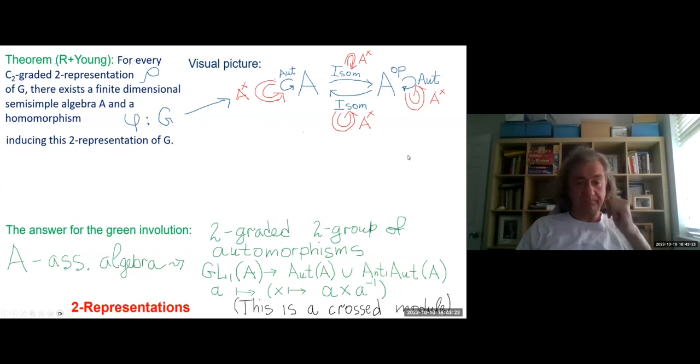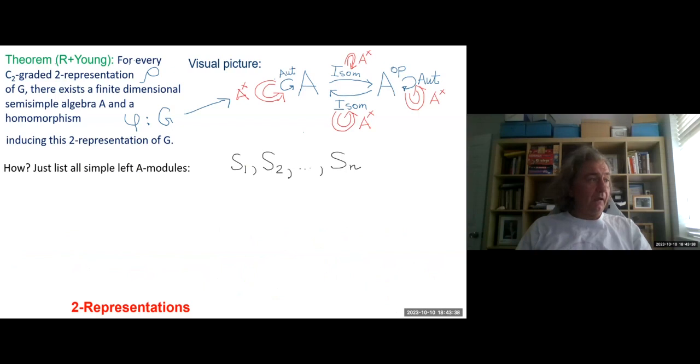And what does it mean to induce this two representation? Let me explain. In the model I wrote, I can explain it easily. Just take this algebra A, so it's finite dimensional semi-simple, just list all of its simple modules. This is the dimension of this two representation.